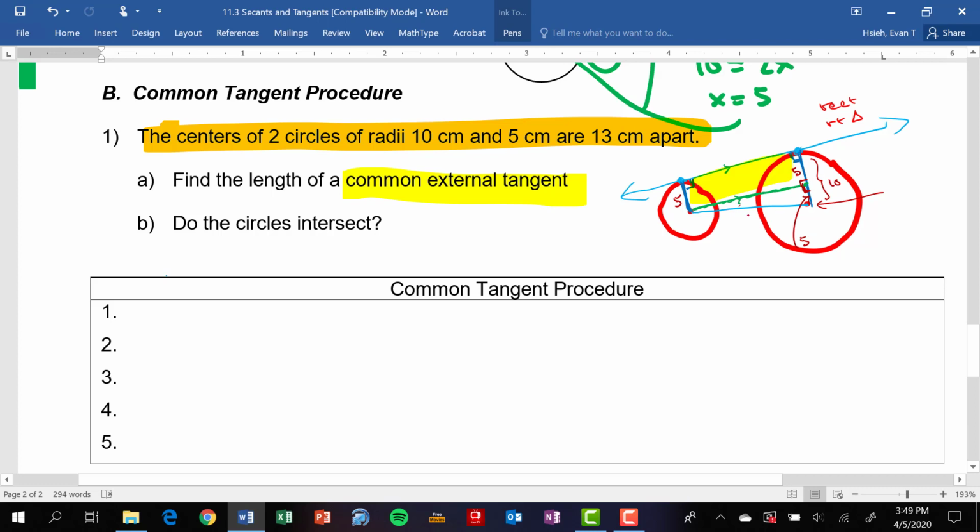And I know that this blue line, the original from center to center, is 13. And so I got a 5, green segment here, 13. So that means that this green segment has to be 12. And it's a rectangle, so this is 12. And guess what? I'm done. That's the common external tangent.